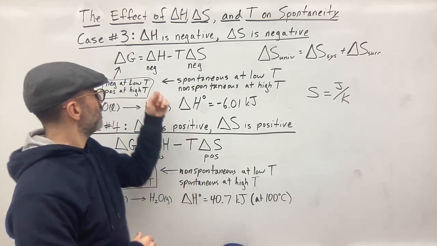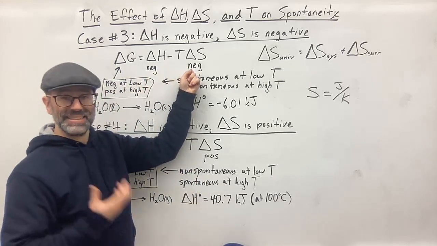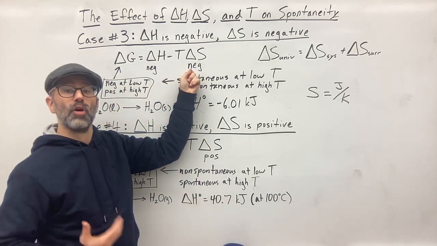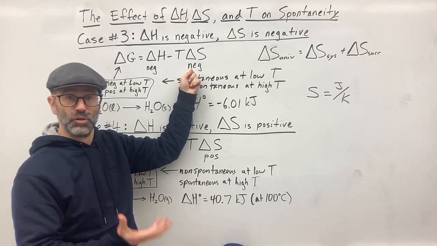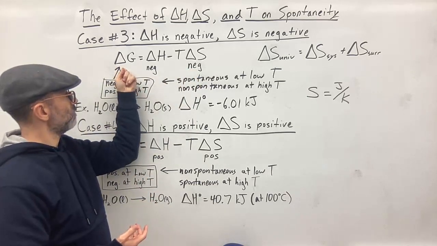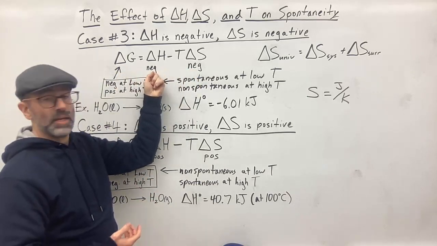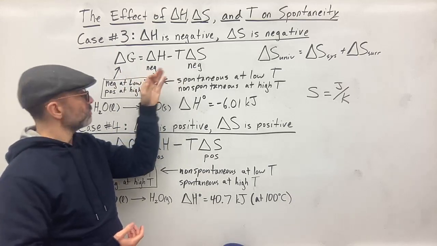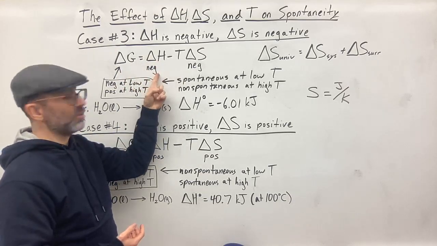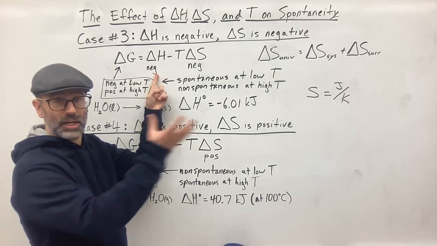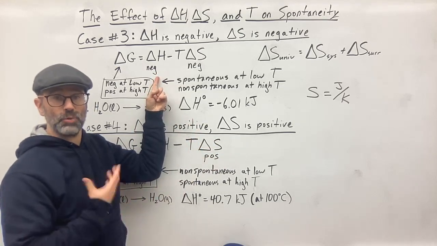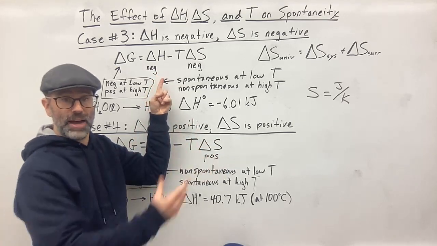So here, since our delta S is negative, we want an overall positive delta S for the universe, which is your delta G, right? So if we're releasing energy into the surroundings, we want that to have a greater effect.